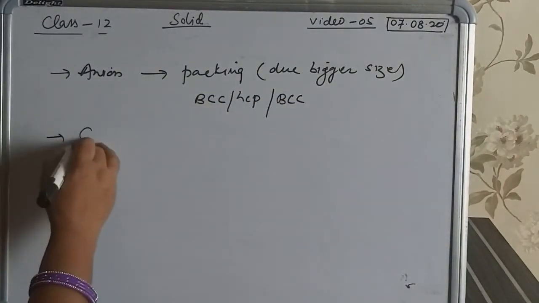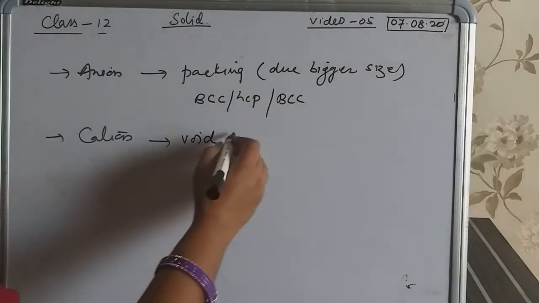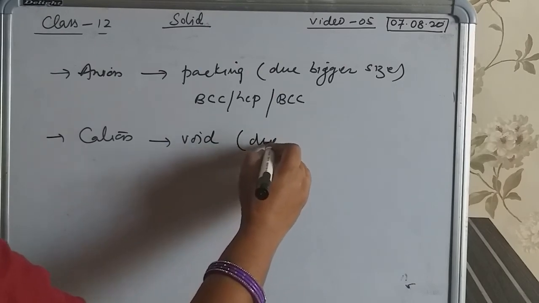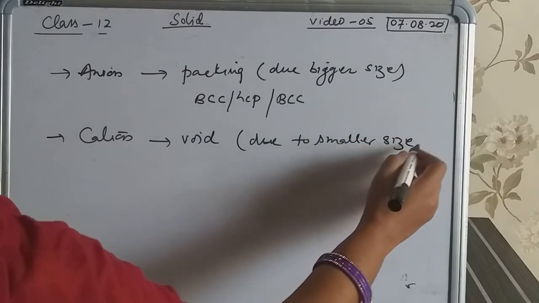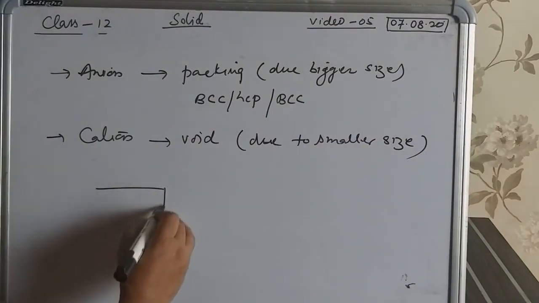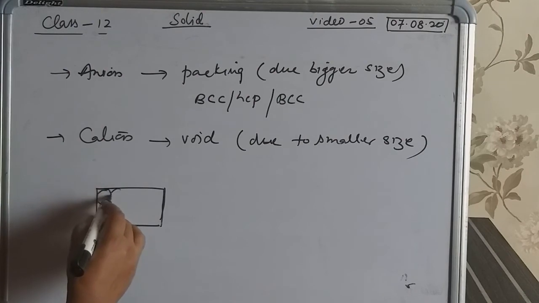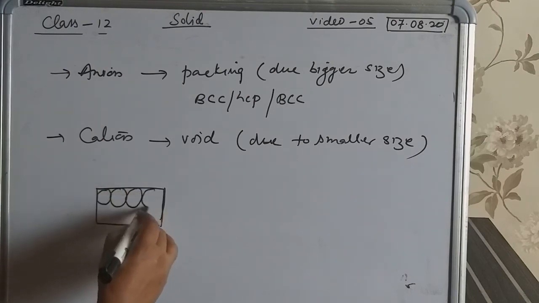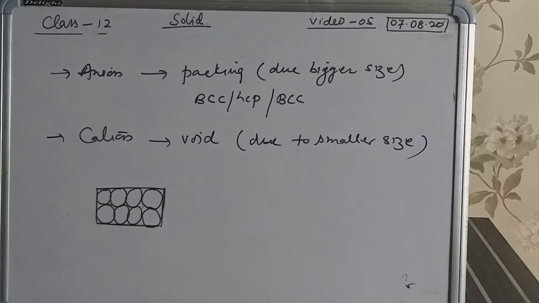And cation always occupies voids due to smaller size. Suppose we have this type of box, so we arrange the bigger anion at first like this, and this small void is occupied by the smaller cation.